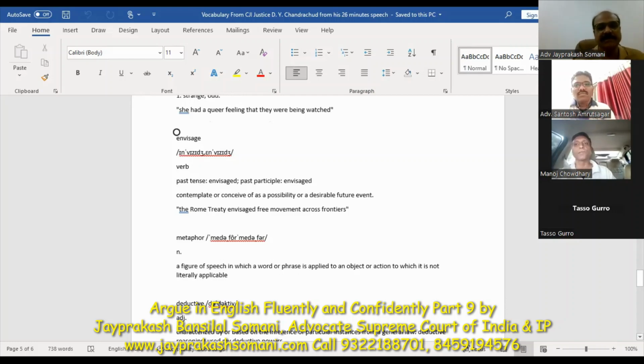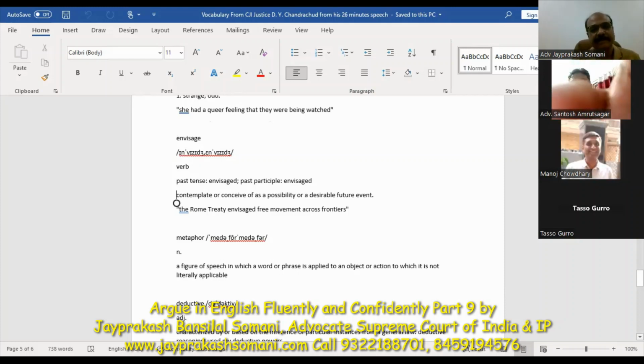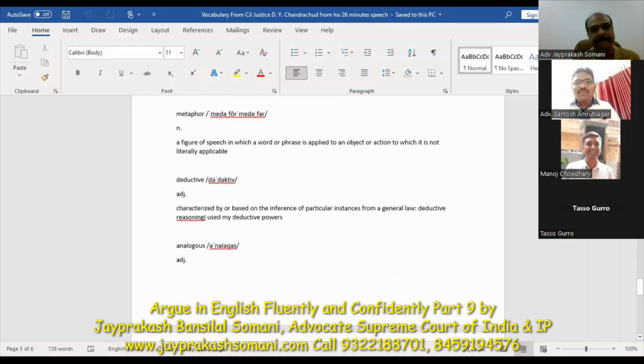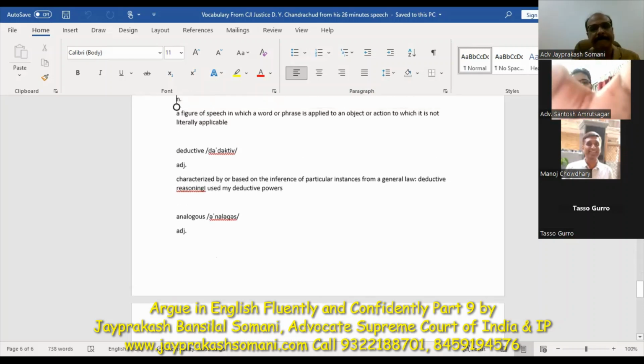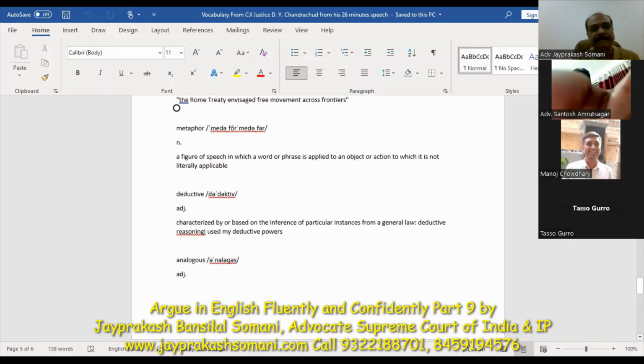Santosh, metaphor. Yes, sir. Metaphor is a noun, a figure of speech in which a word or phrase is applied to an object or action to which it is not literally applicable.